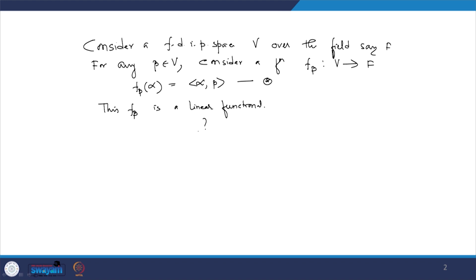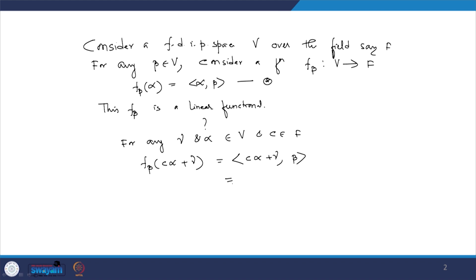So, this can be checked quickly for any gamma and alpha belonging to V and c belonging to capital F. We have f beta of c alpha plus gamma is equal to, according to star, the inner product of c alpha plus gamma comma beta.